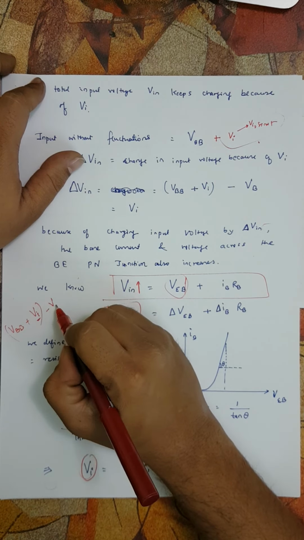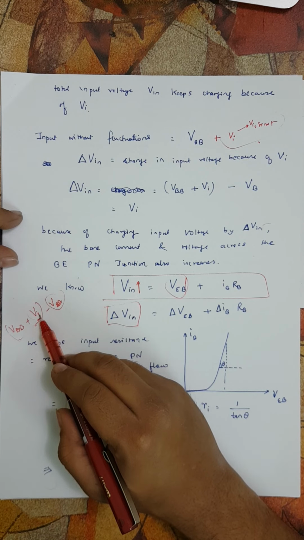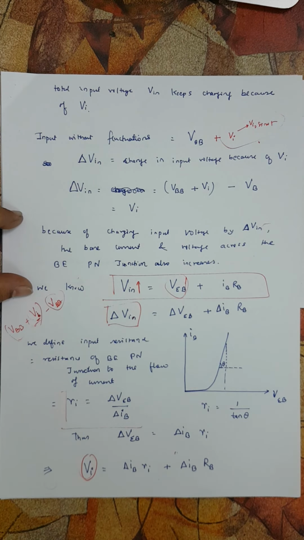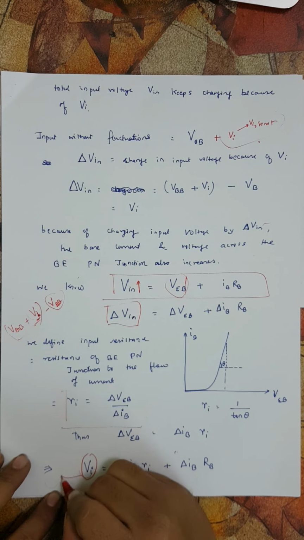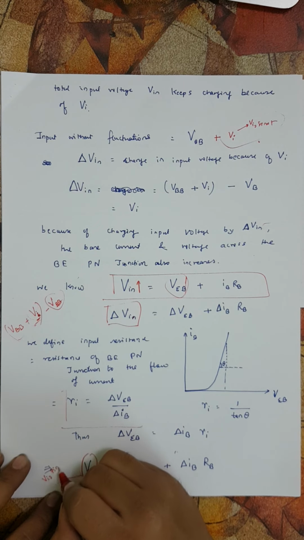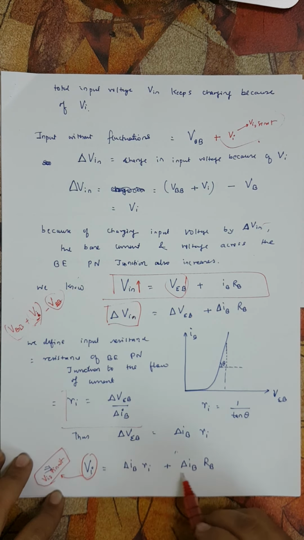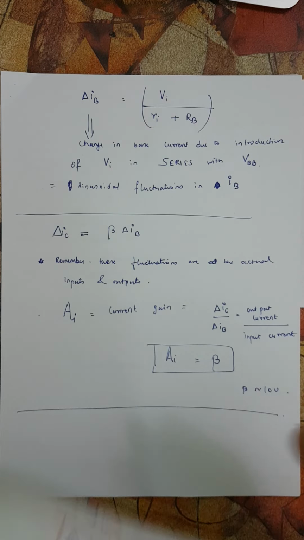This is VBB only, the DC biasing. So what is the change? The change in the total input voltage is the input voltage with the sinusoidally varying input signal, minus the DC biasing that was there previously. So that is Vi, and this Vi is VIO sin omega t. That is equal to delta IB RB plus delta IB Ri.